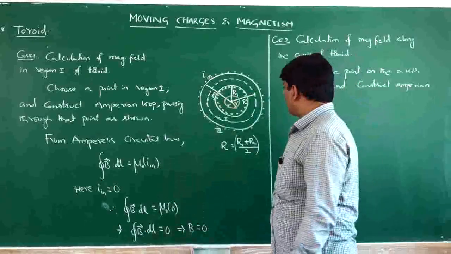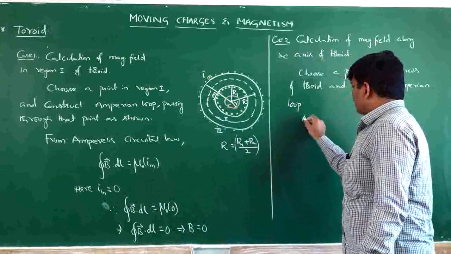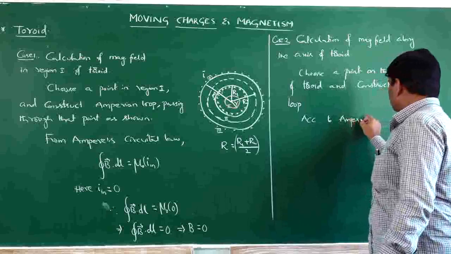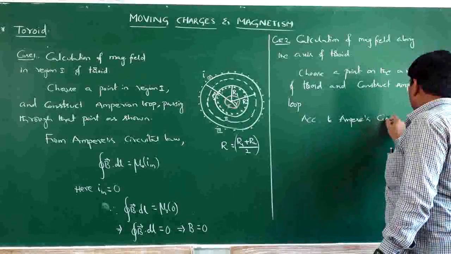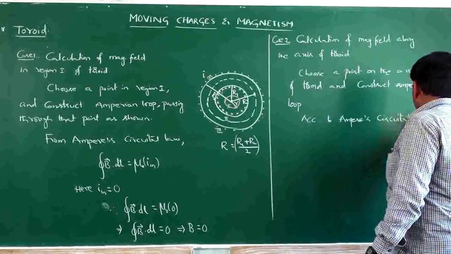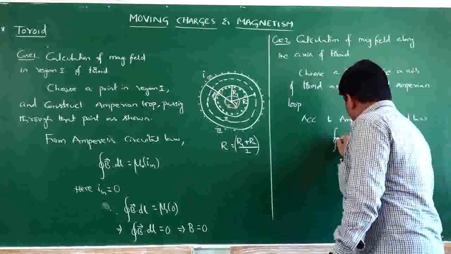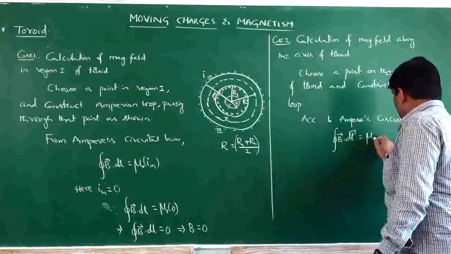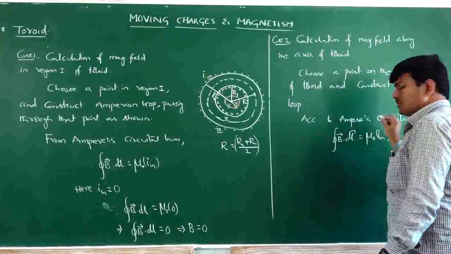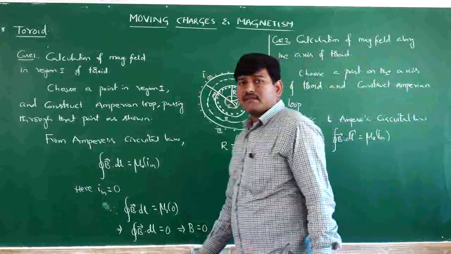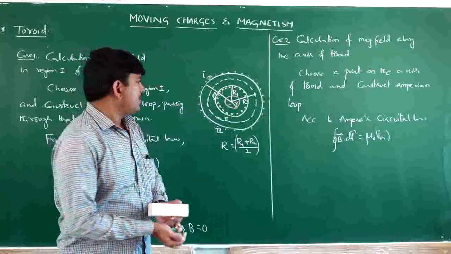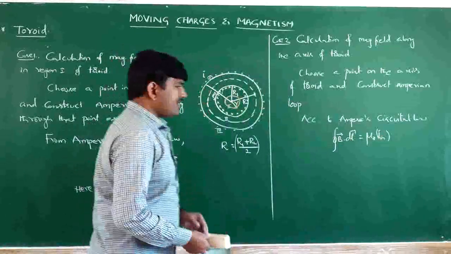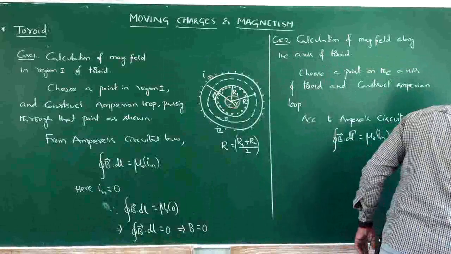Capital R. Now, according to Ampere's circuital law, the closed line integral of magnetic field is equal to mu naught into the current inside the Amperian loop. So, I can calculate the magnetic field on the axis of the toroid provided I know the current inside the Amperian loop. What is the current inside the Amperian loop here is the question.